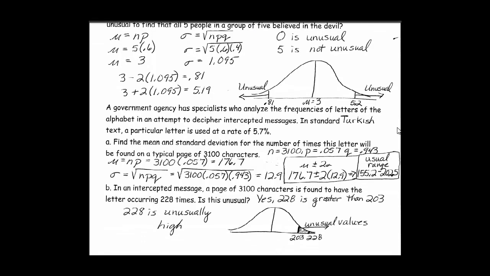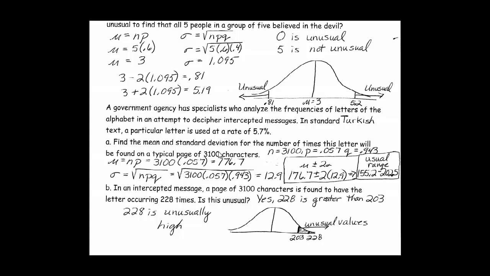Okay, a government agency has specialists who analyze the frequency of letters of the alphabet in an attempt to decipher intercepted messages. In standard Turkish text, a particular letter is used at a rate of 5.7%. We are going to find the mean and the standard deviation for the number of times this letter would appear in a typical page of 3,100 characters.